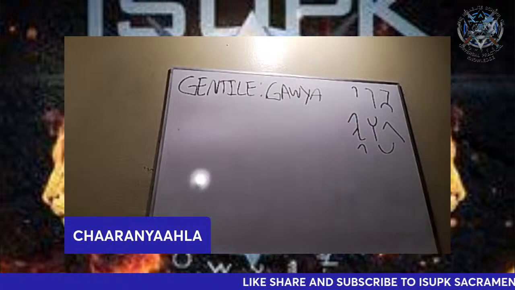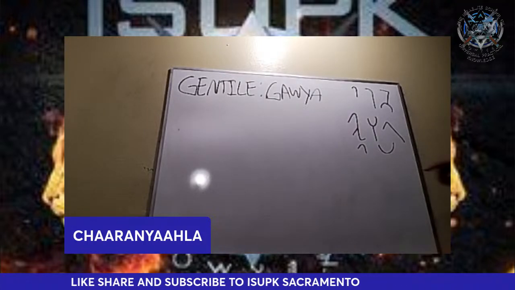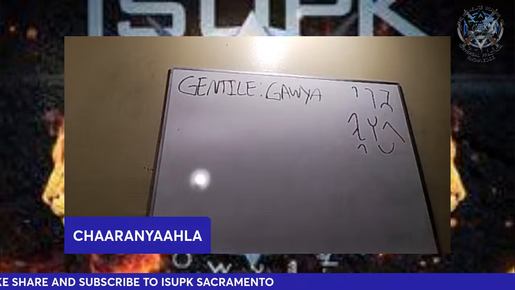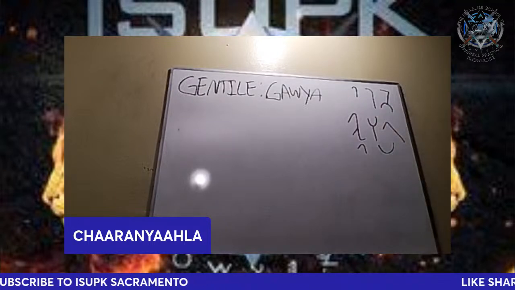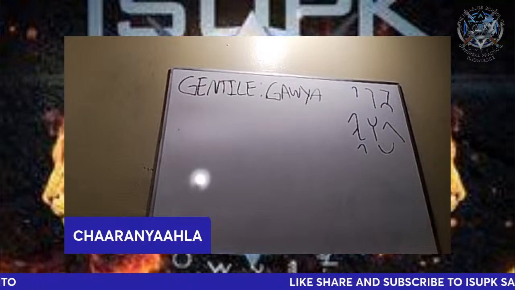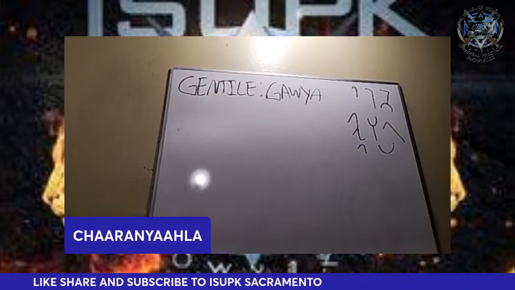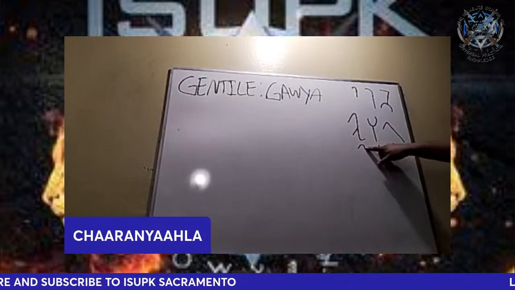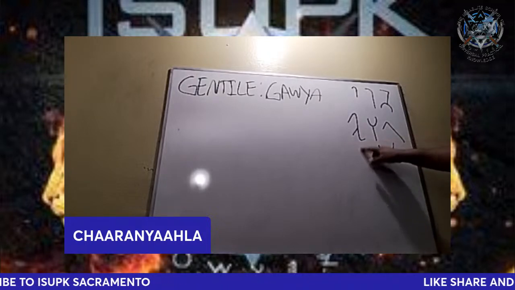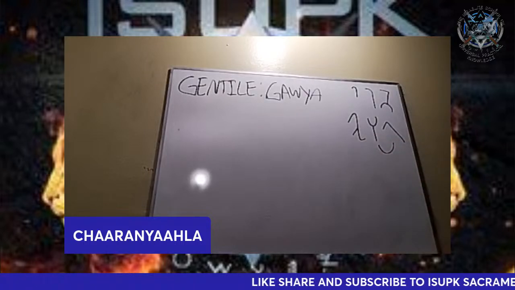Once again, when you read a Paleo Hebrew Torah, I'm gonna get to that in a second. Gentile, Goya. The Assyrian Hebrew at the very top on your right hand corner, you have your Ga, Wa, and Ya characters. Up under that is the ancient or Paleo Hebrew word for Goya, which is a Gentile, which means heathen, or anybody that is not an Israelite.